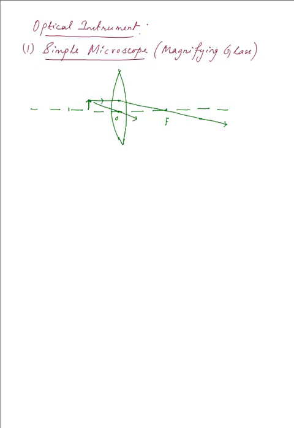Now, as you can see, these two light rays are diverging in a sense, and they won't meet. We have already done this kind of ray diagram, where the object is within the focal length of the convex lens, that the rays do not meet on the other side, and they have to be produced backward in order to meet.